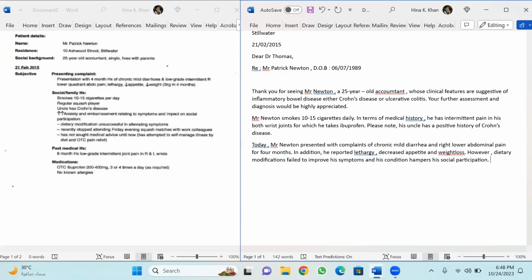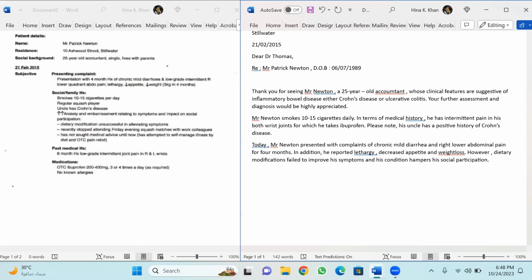Okay, so now what happens? I have told the reader that he made some kind of dietary modification which failed to improve his symptoms, and this condition hampers his social participation, that he's embarrassed. I'm not using the same words. You can use these kinds of words to show your vocabulary instead of just copy pasting. You will get more marks by paraphrasing or using synonyms.